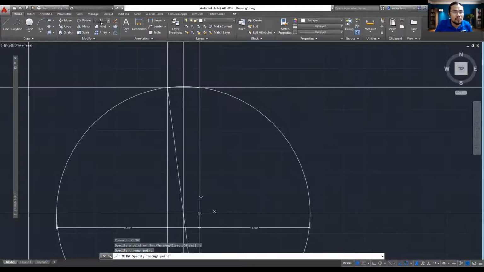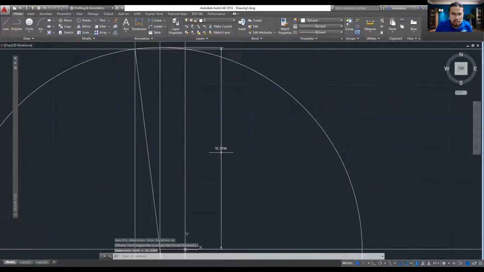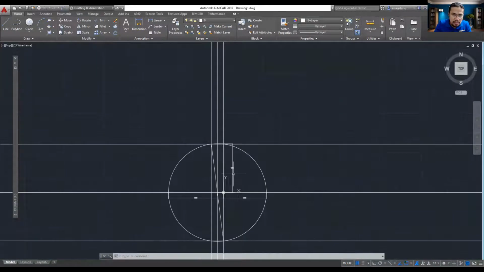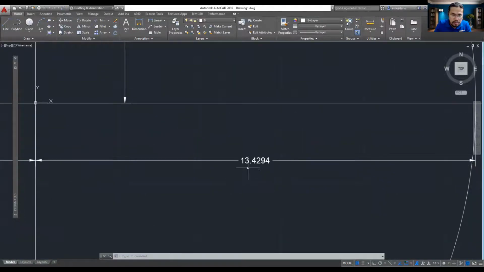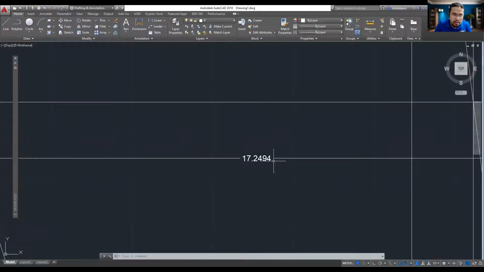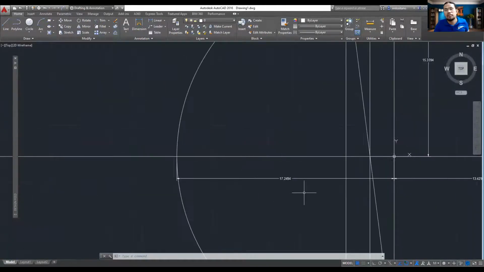Okay, so we just have now to measure this value to quantify our maximum shear stress, which is consistent with our solutions. It's 15.34 megapascals, while our first principal stress is 13.43, and the other principal stress is negative 17.25.